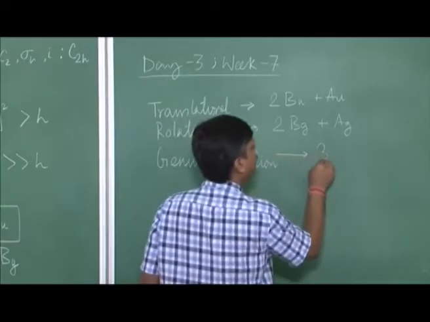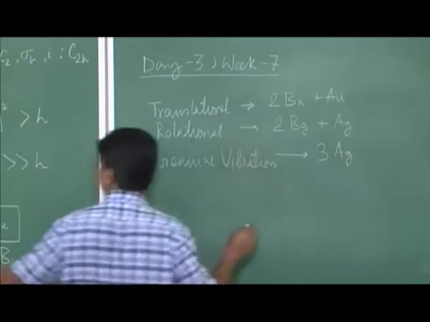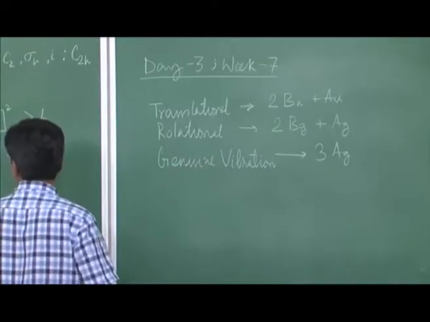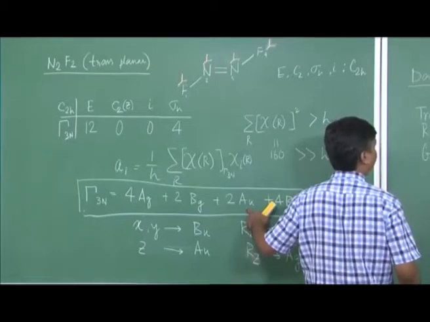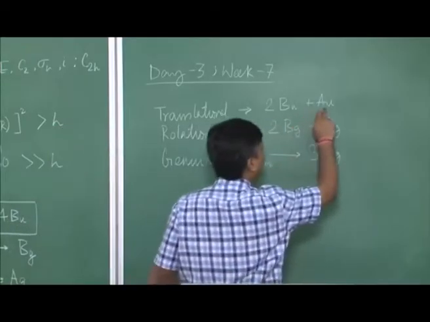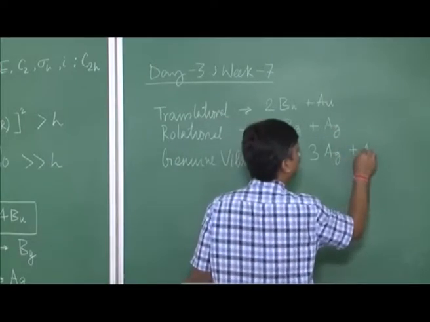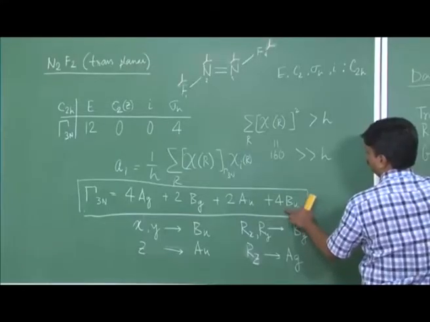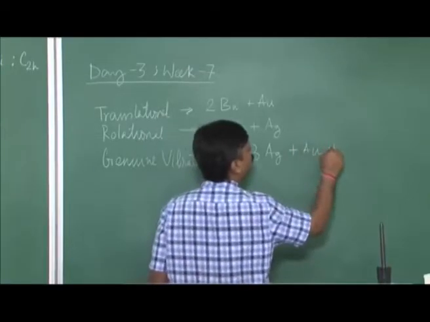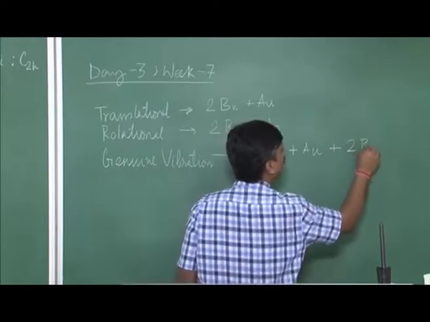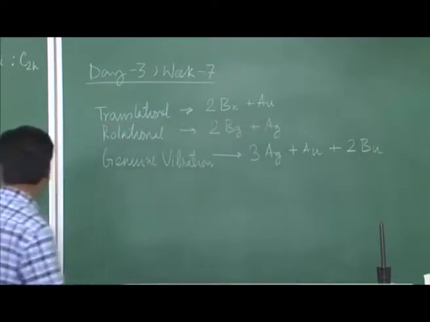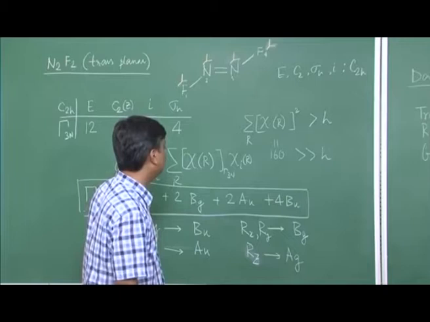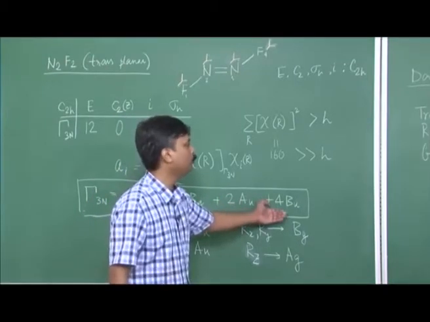So I have 3 Ag. I have 2 Bg here, so Bg doesn't occur in the final vibrational modes. And then I have 2 Au, so I remove one contribution and I have 1 Au. And then I have 2 Bu here. So if I subtract 2 from these 4 Bu, I am left with 2 Bu, correct? So let's cross check. I have got 3 Ag and 1 Au and 2 Bu, fine.